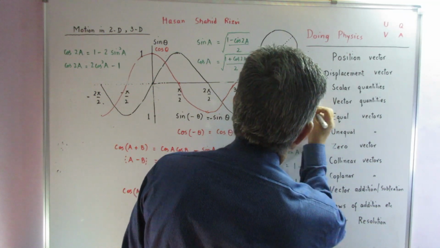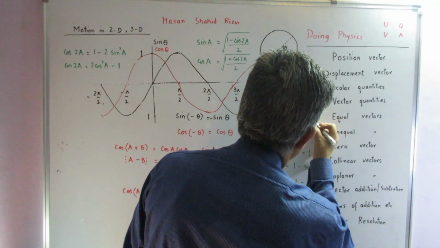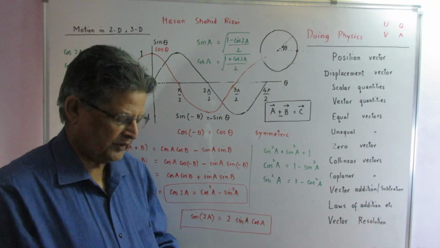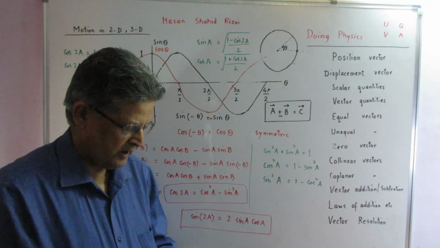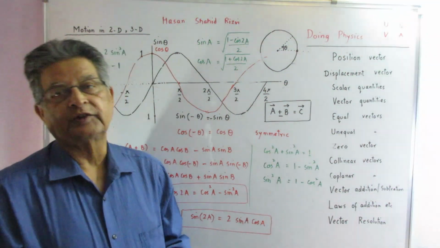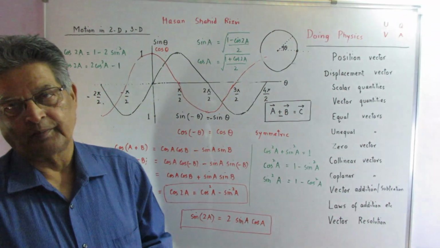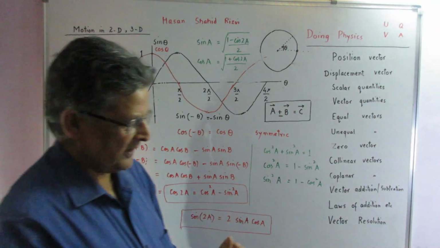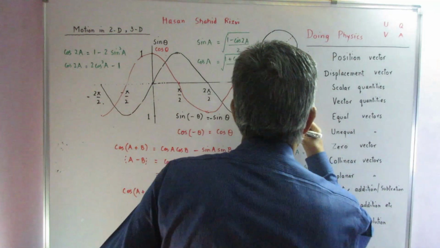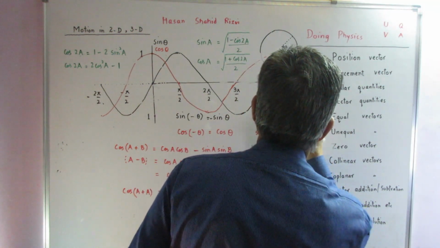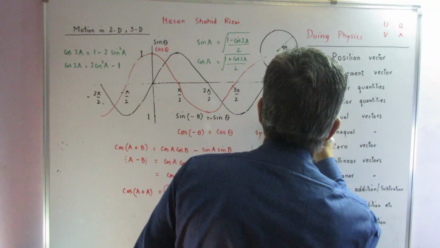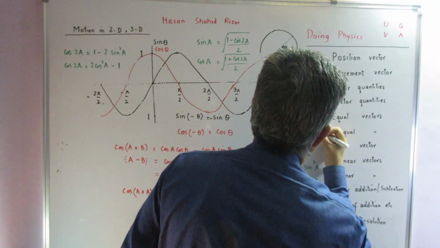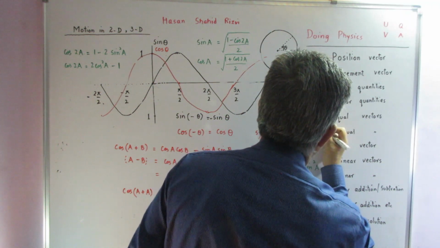What is that law? The two vectors A and B should belong to the same family of vectors. For example, if I say this is a vector, say velocity plus acceleration, does it carry any meaning?